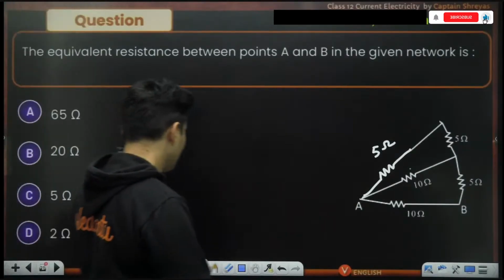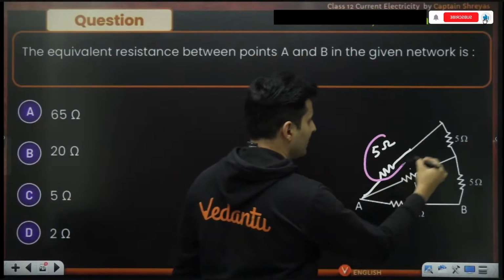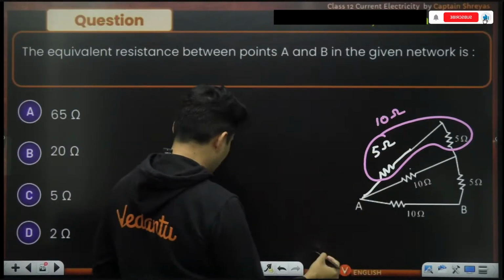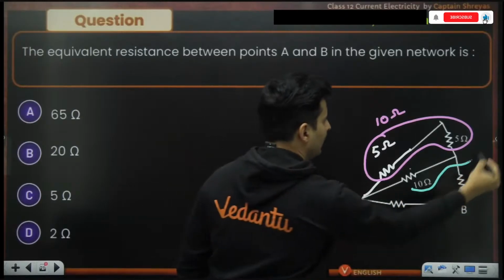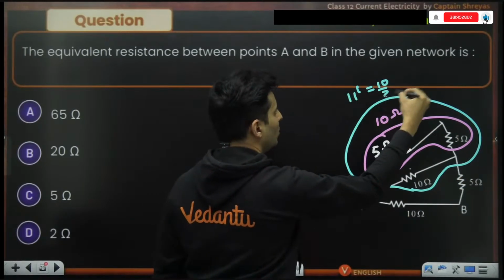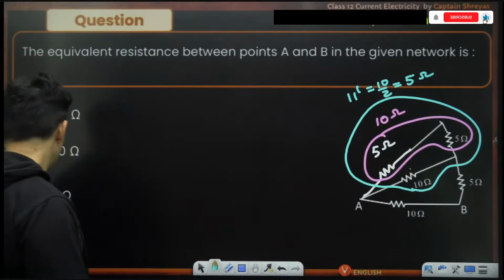That's all. So it is the same thing if you notice. Again, these two 5s are in series, so it will be 10 ohms, and this 10 along with this 10 was in parallel. So 10 by 2, which is 5 ohms.